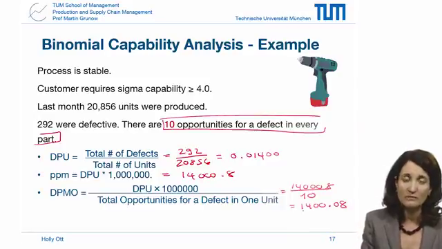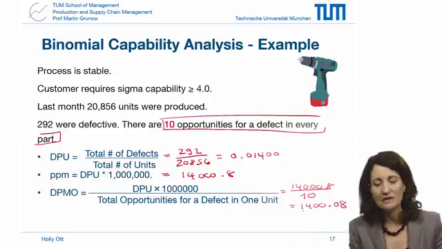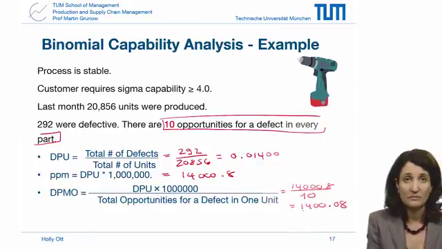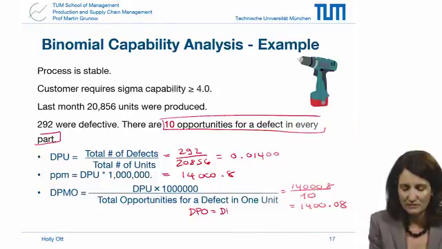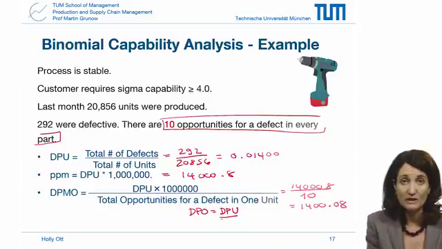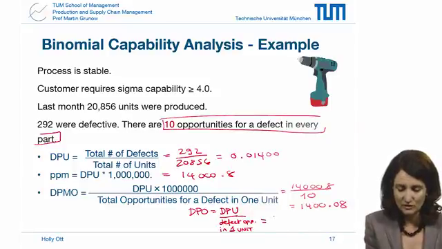I didn't mention this earlier, but a lot of times you end up with another measure. Maybe I write it down here. The defects per opportunity, which is the DPU divided by the defect opportunities in one unit. And this just helps us with calculating yield. So the DPU was 0.01400.